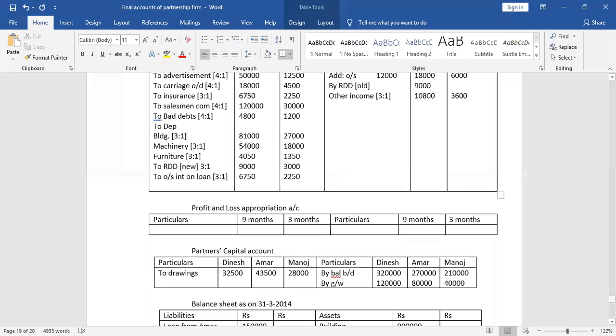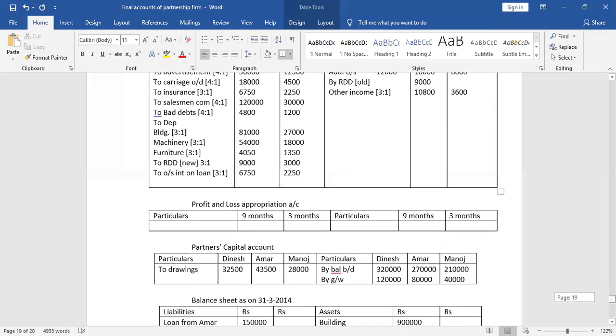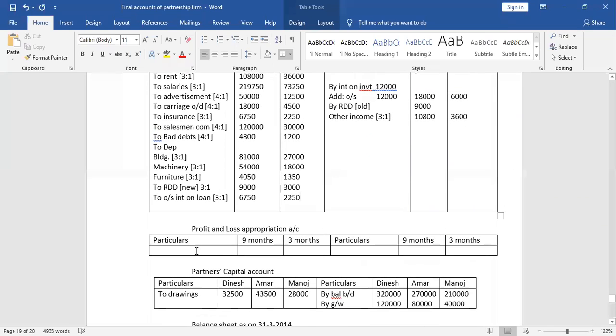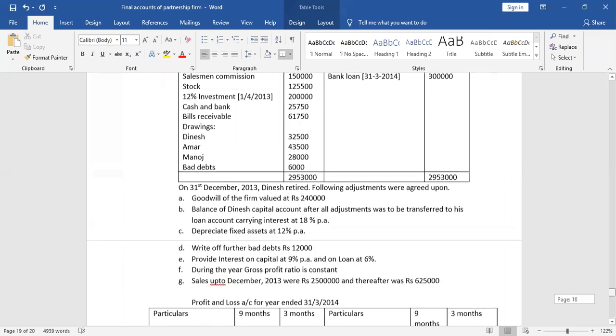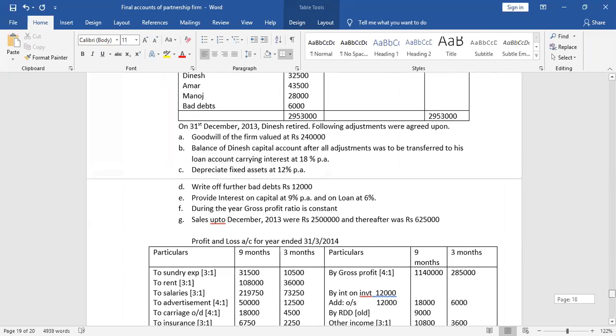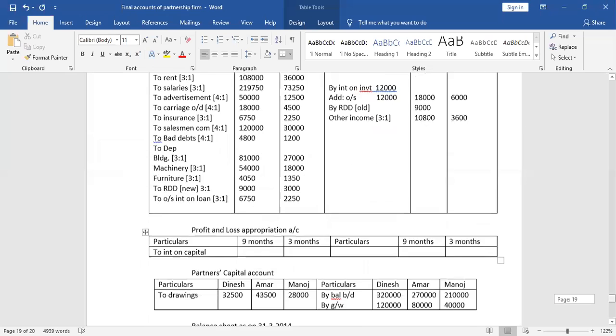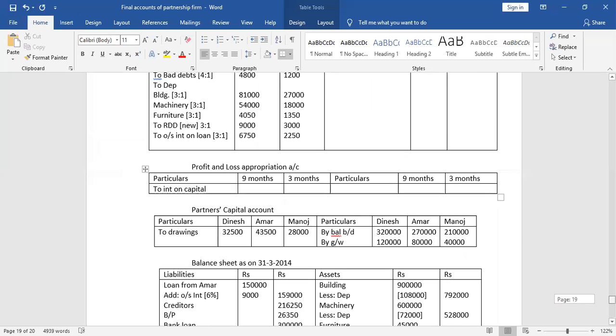Now after this interest on capital निकालना है. To interest on capital, this is how much percent? So interest on capital is 9%. So 9% in capital पे निकालो 9%.